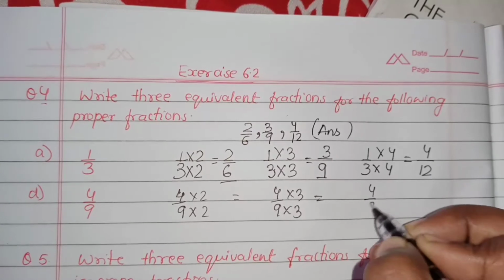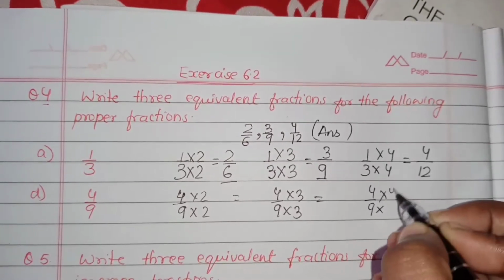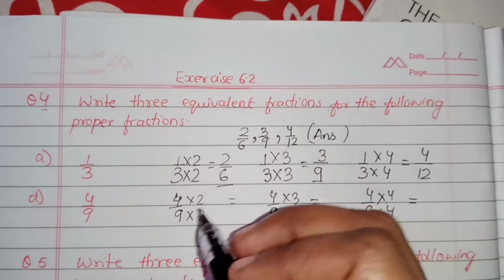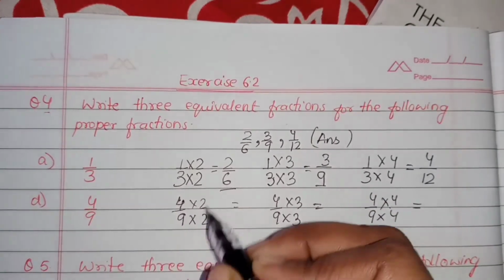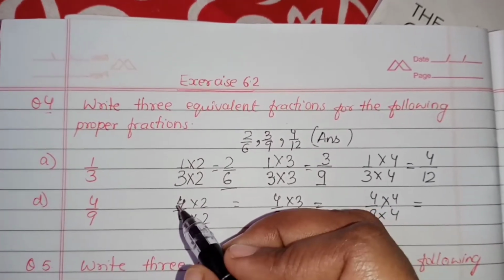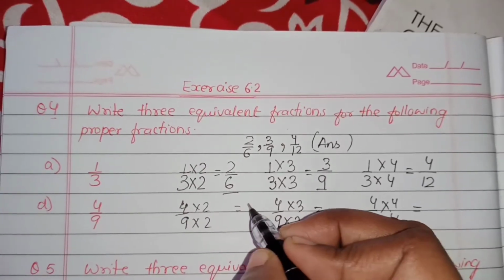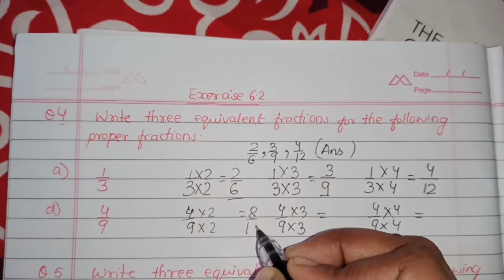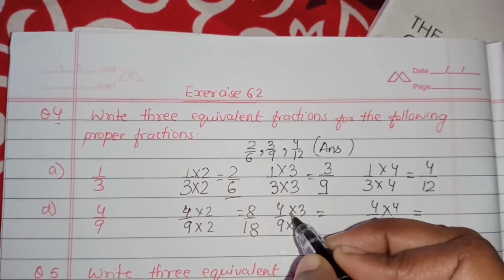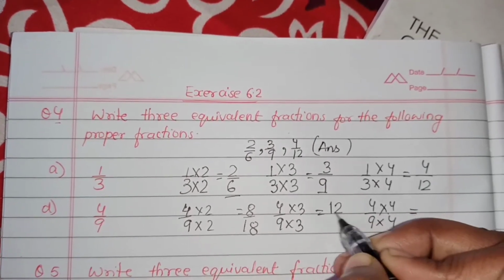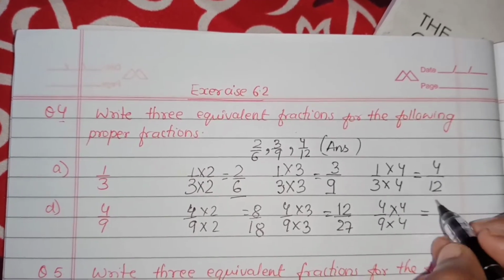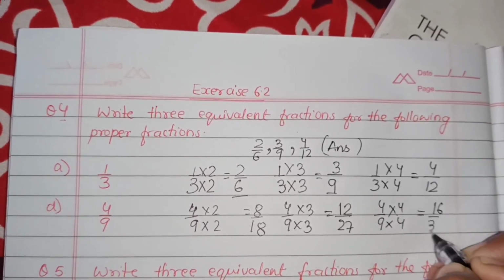Both numerator and denominator should be multiplied by the same number. Now let us multiply. 4 twos are 8, 9 twos are 18. 4 threes are 12, 9 threes are 27, 4 fours are 16, 9 fours are 36.